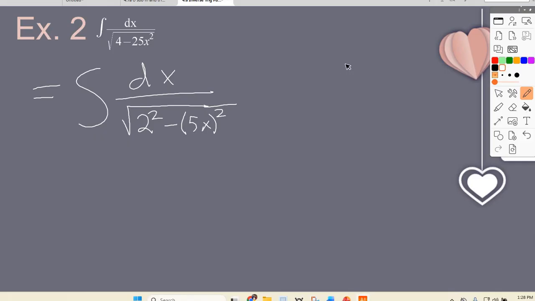I only need to u sub the part that's on the inside, which in this case is just this part that's being squared. So then what is our du? 5 dx. Okay? Do I have an extra 5? No.